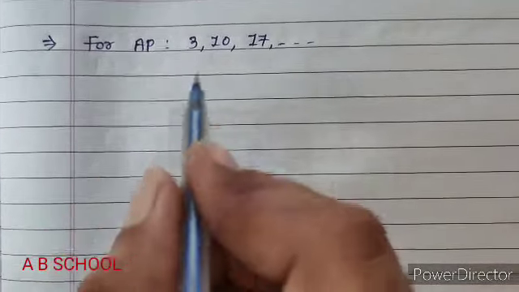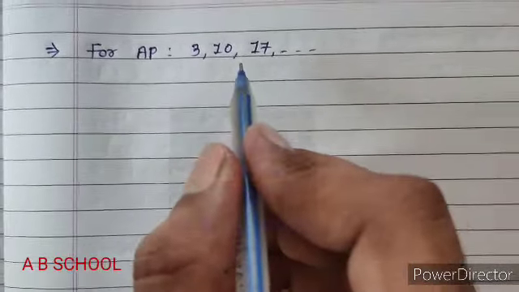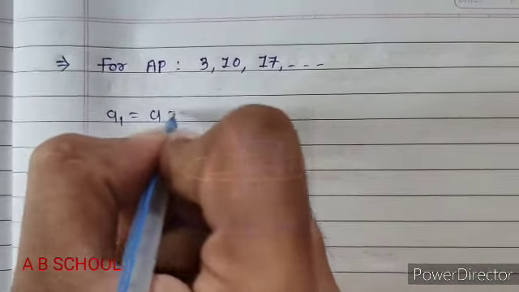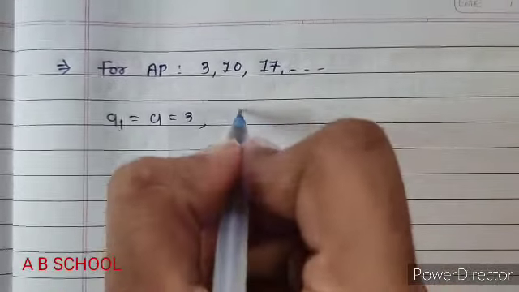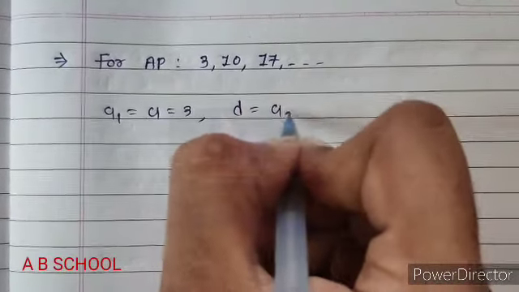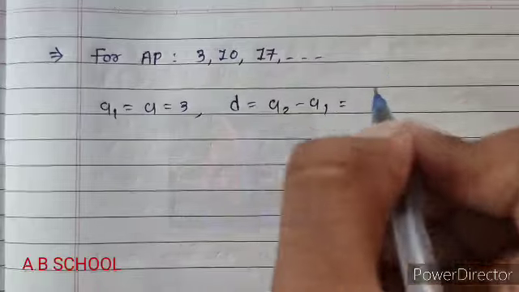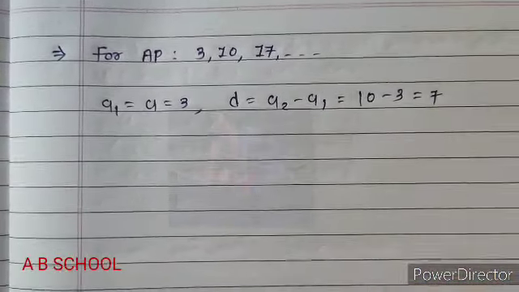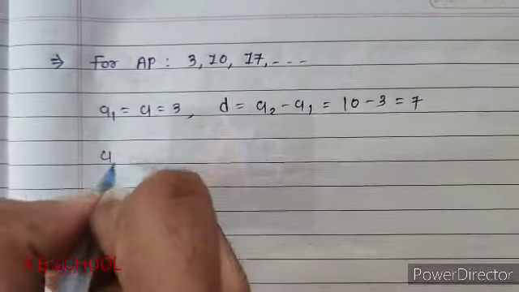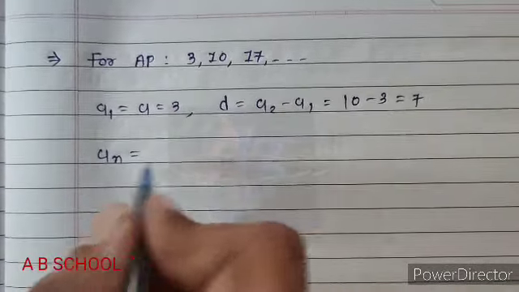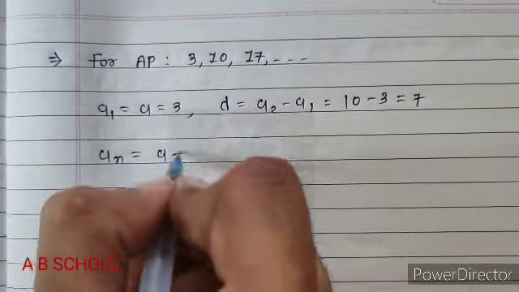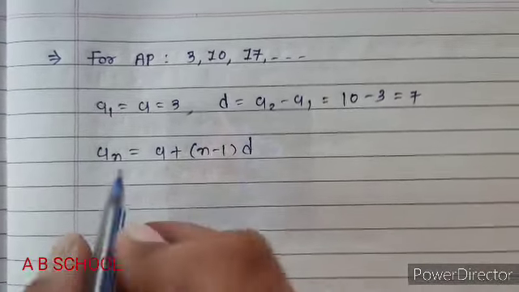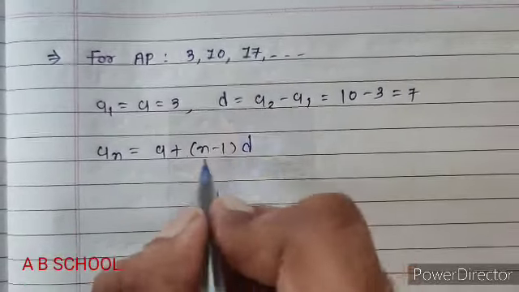Now for the AP 3, 10, 17, the value of a1 is equal to a equal to 3, common difference d is equal to a2 minus a1 is equal to 10 minus 3 is equal to 7. By using a general form, an is equal to a plus n minus 1 into d.